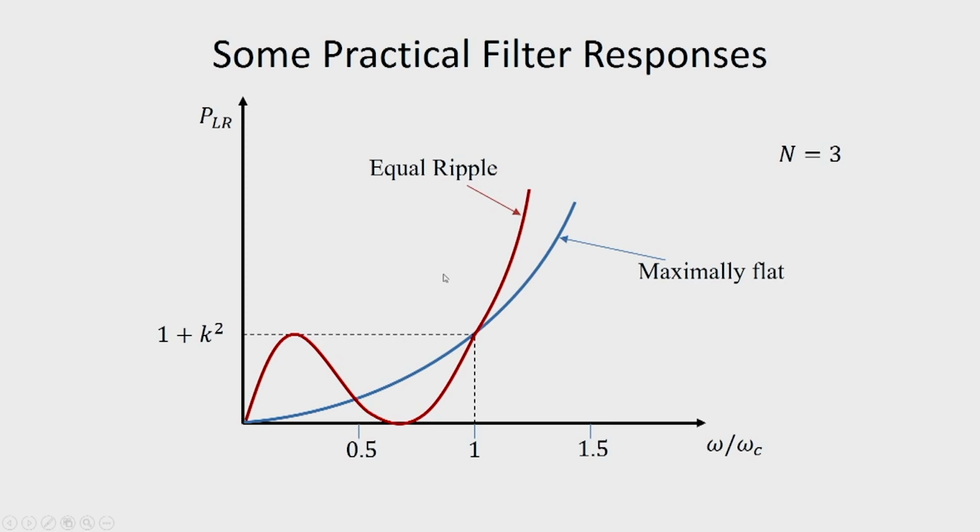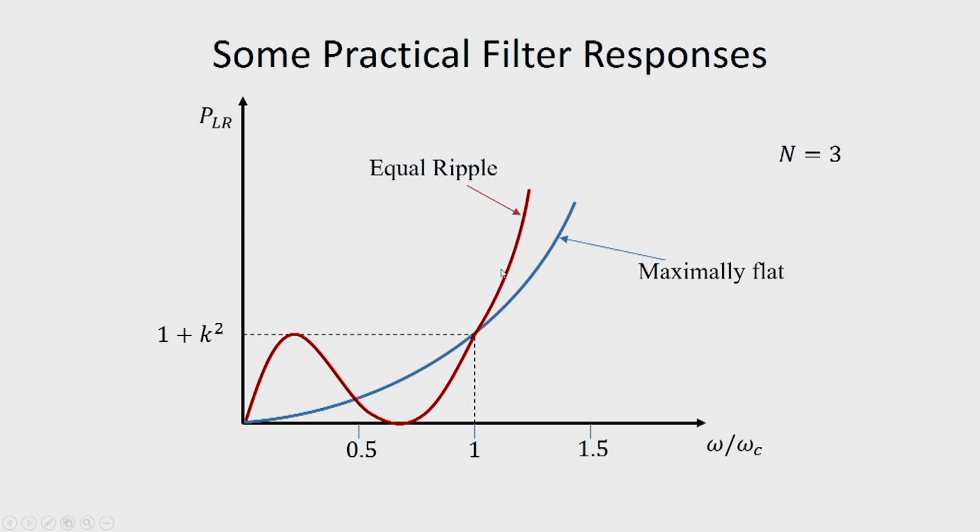So, this is shown here for filter order of 3. Here we can see that y axis is the power loss ratio PLR. Now, for a maximally flat filter at omega by omega c equal to 1, it becomes 1 plus k square.